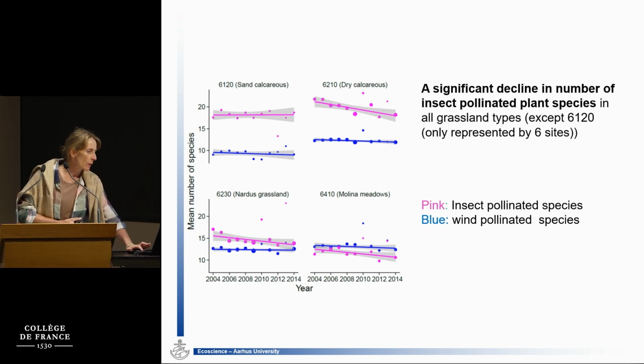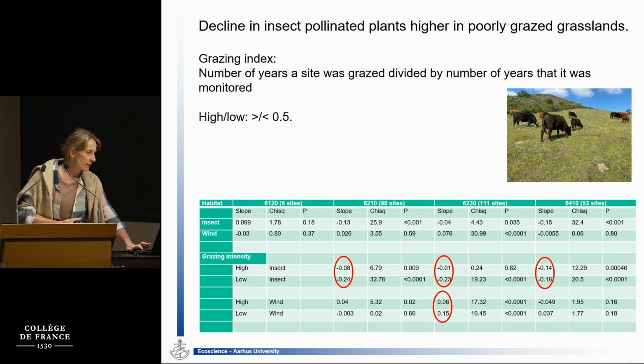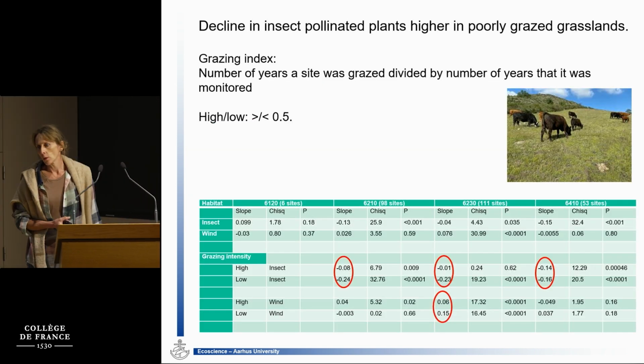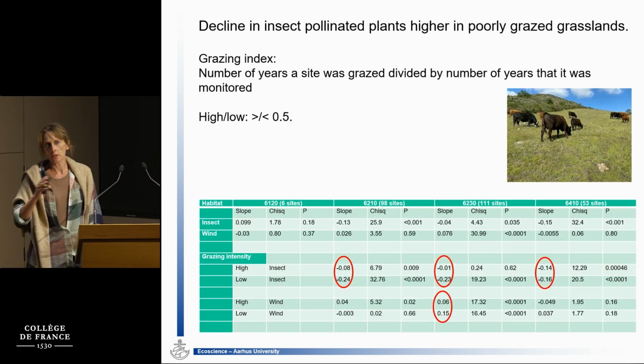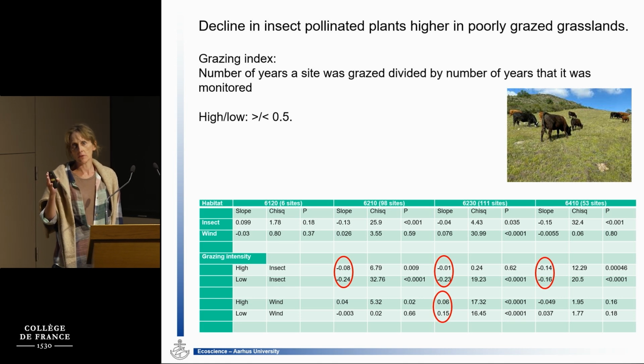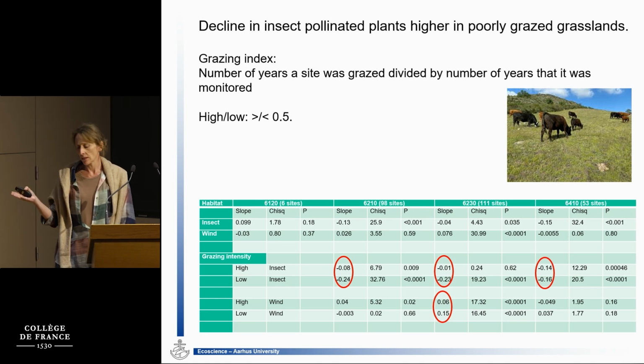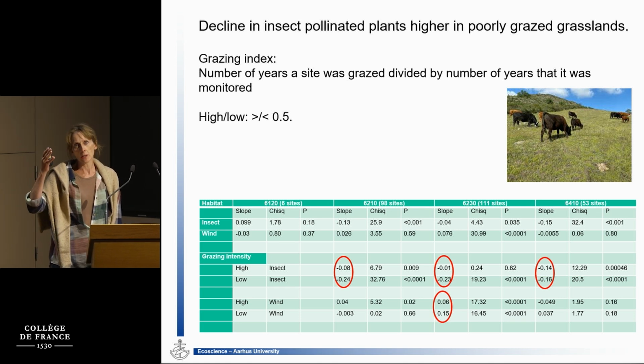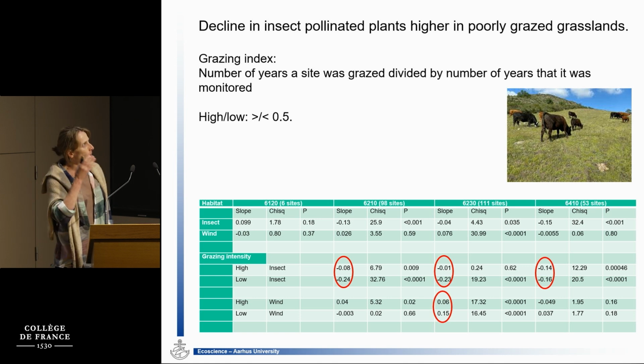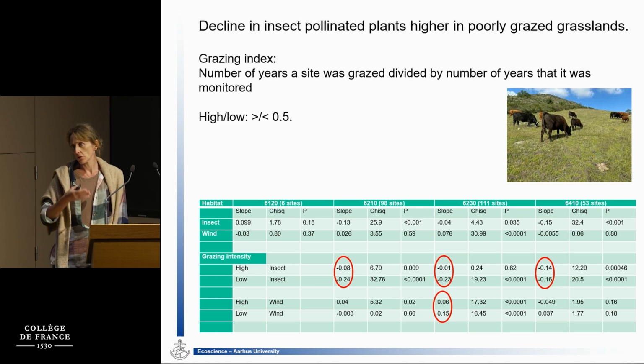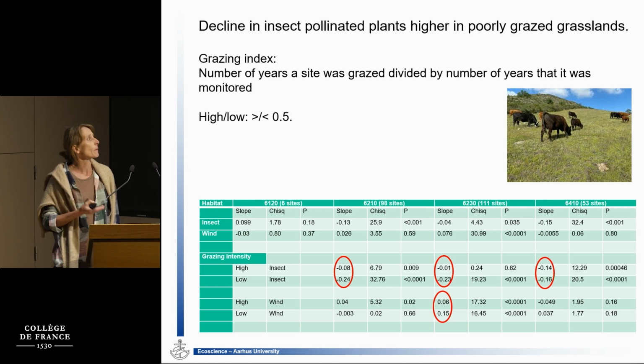So there are many reasons why that might happen. One of the reasons is that these open grasslands are naturally unfertilized and they are managed for conservation by grazing. And as Christian said, it was noted each year whether the site, when it was visited, was grazed or mowed or whether there was no management that year.